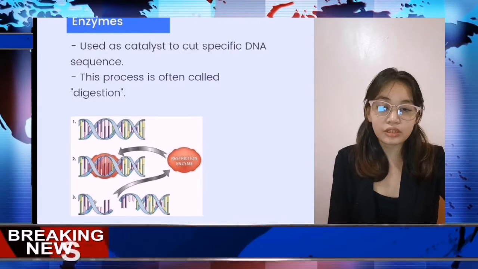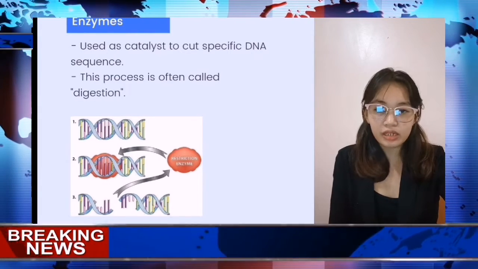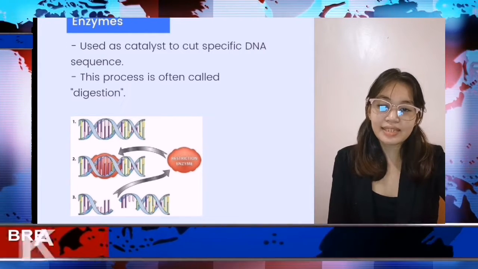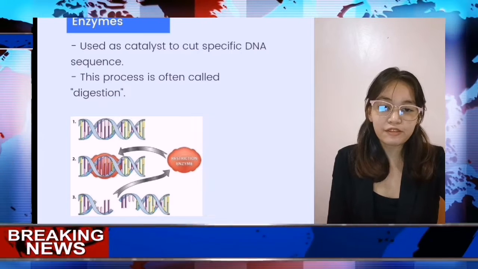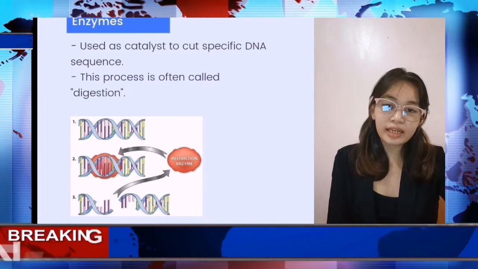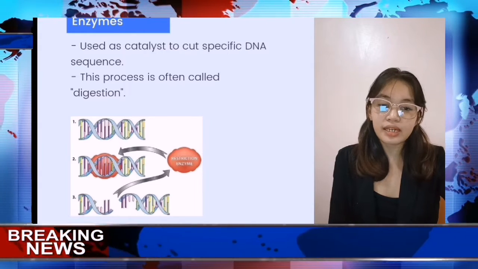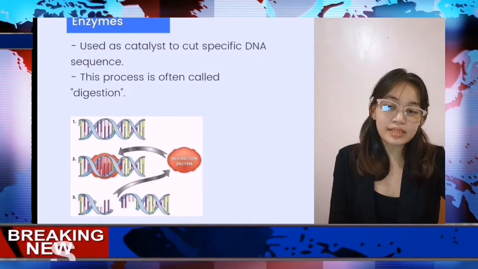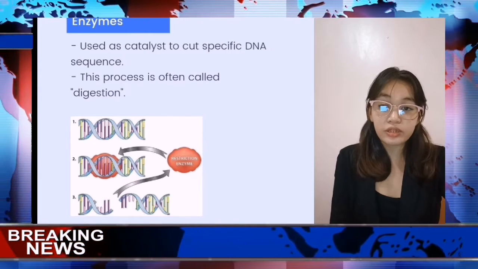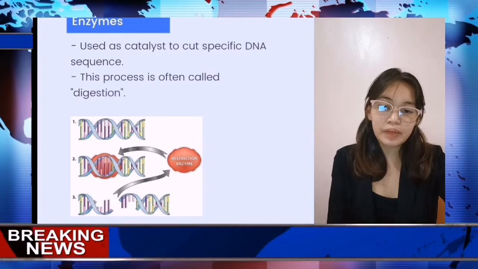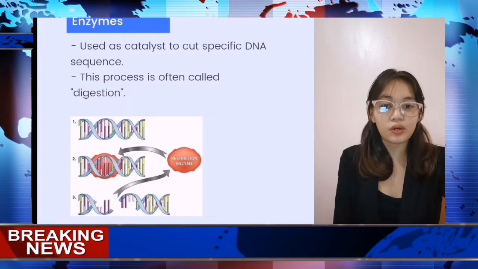You might have encountered this term with other biological processes, but here, enzymes act as a catalyst to cut specific DNA sequences. This process of DNA cutting is also called digestion. To help you understand how enzymes work, you could think of them as molecular-sized scissors specialized to specific DNA codes.